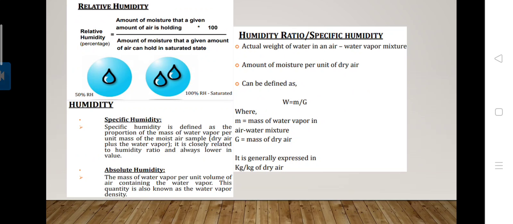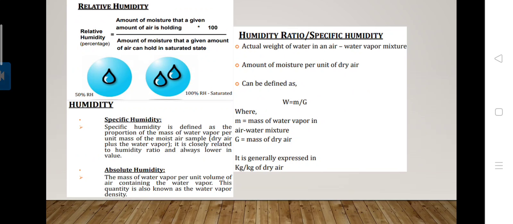Okay, so in humidity there are two types: specific humidity and absolute humidity. Specific humidity is the ratio of the mass of vapor to the mass of dry air in a given sample of moist air.